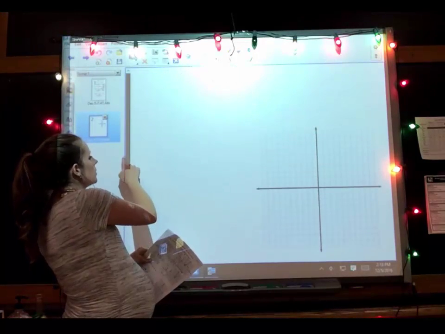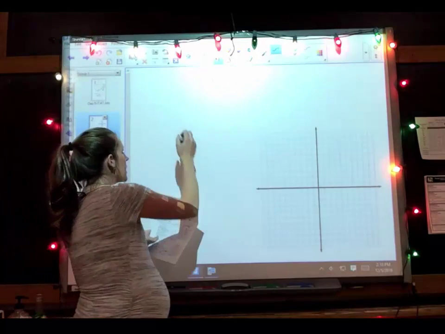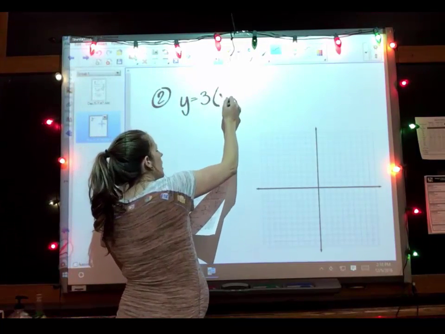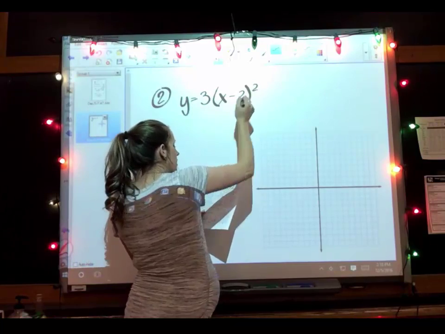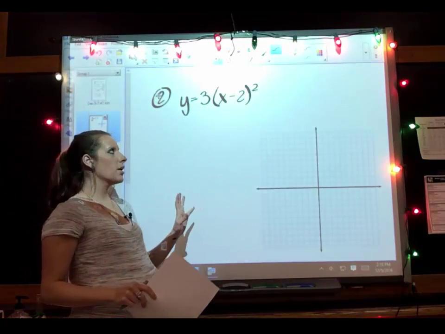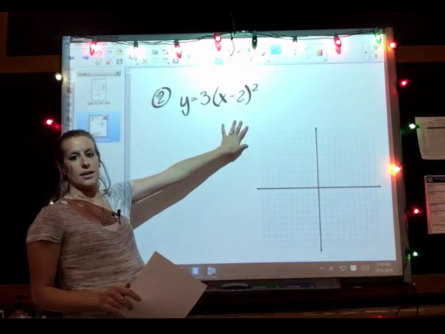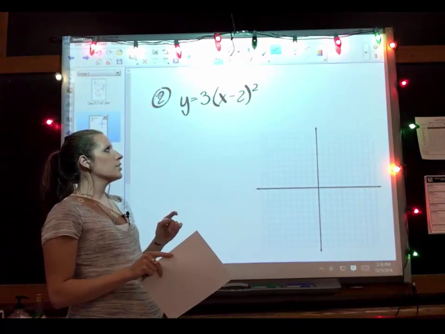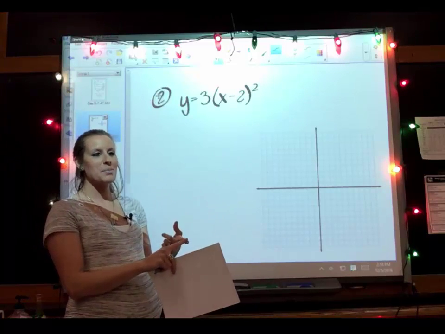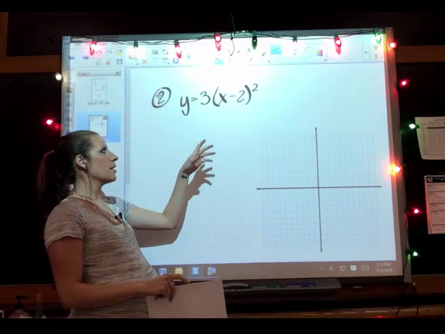On the second one, we have y equals 3(x minus 2) squared. Okay, so first thing you're going to do is figure out, what form is this in? Now you know it's not standard because there's not 3 terms, and because you have the parentheses.